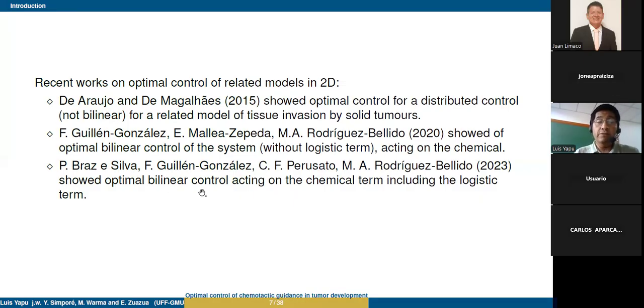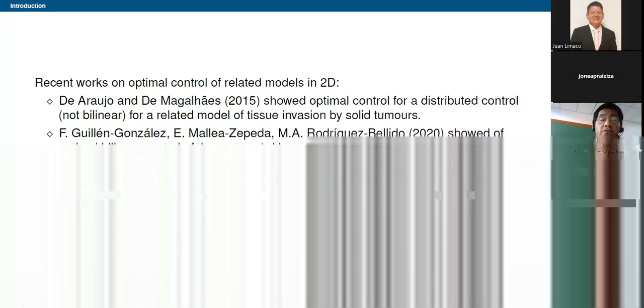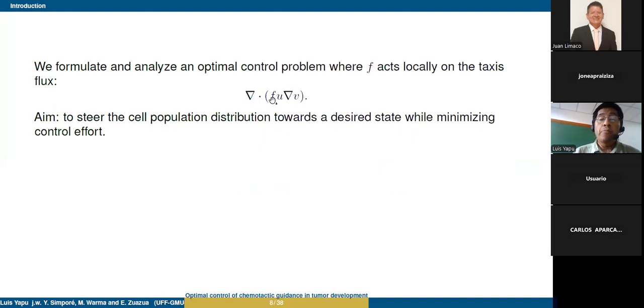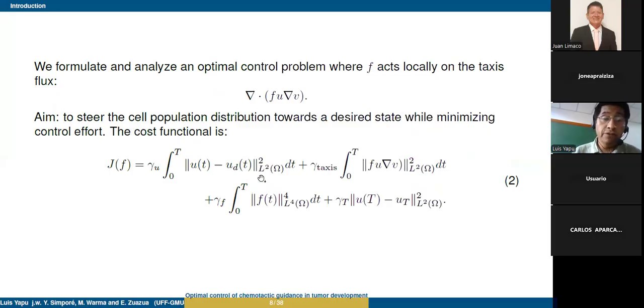Here they work with a bilinear control. And with the bilinear control, we can keep the property of having positivity of the densities. We will control in our case with this function f, and our cost functional is given by those terms.